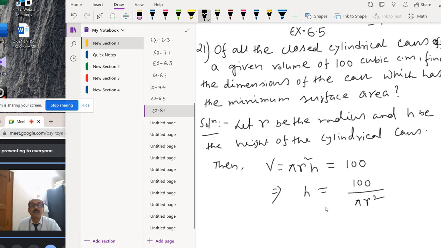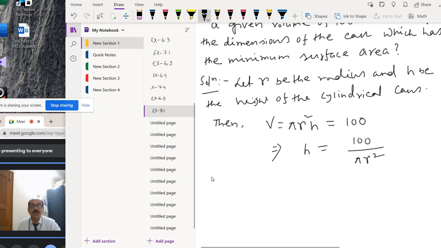Now find the dimensions of the can which has the minimum surface area. So let S be the surface area.